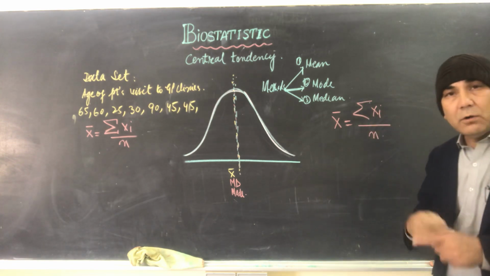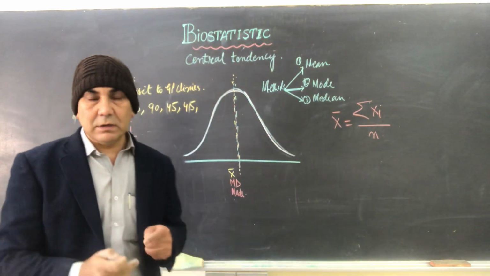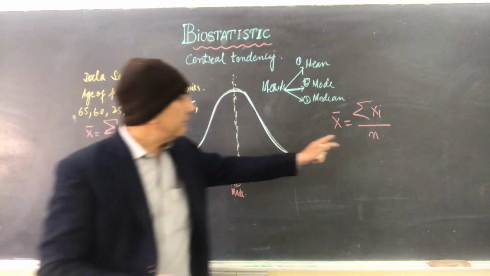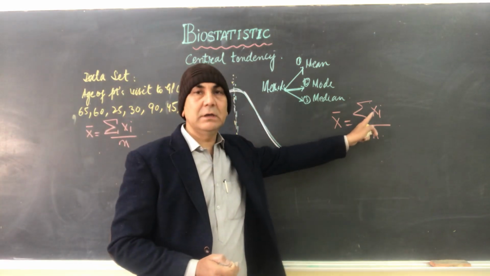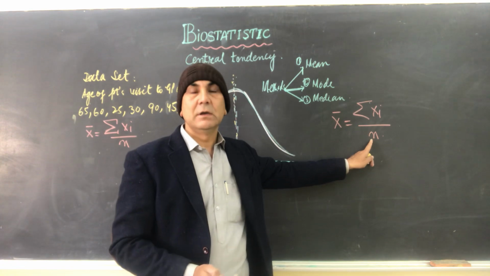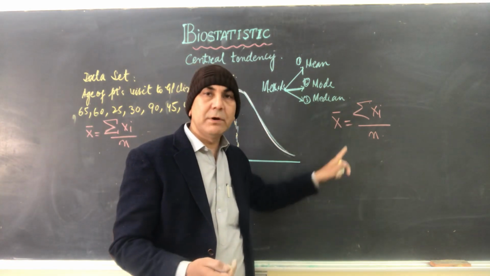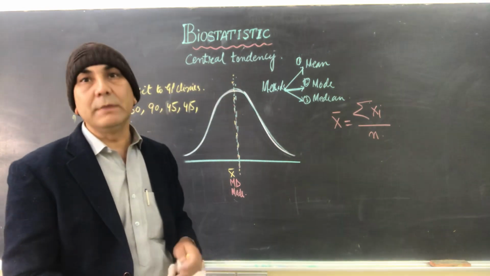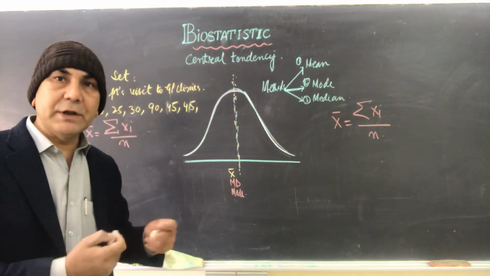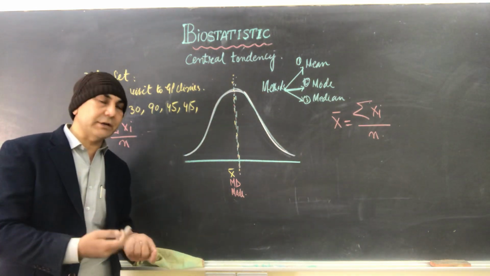We sum up all the data and divide the sum by the total frequency, the total sample size. Then we come up with the result of the mean. The mean gives the average of any data set.